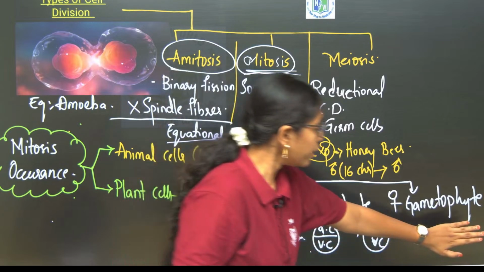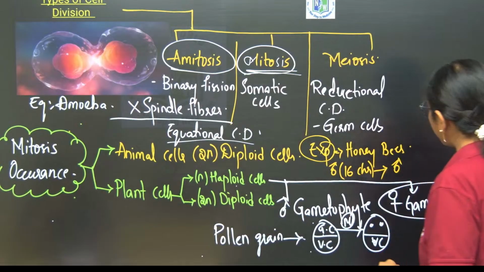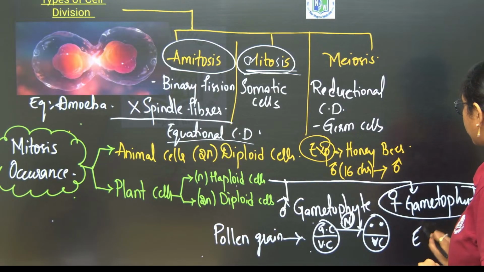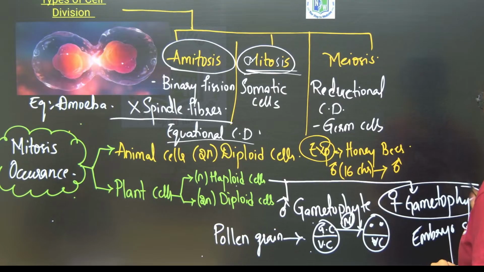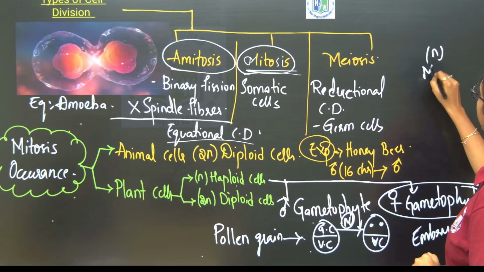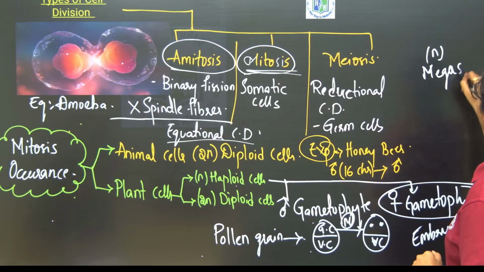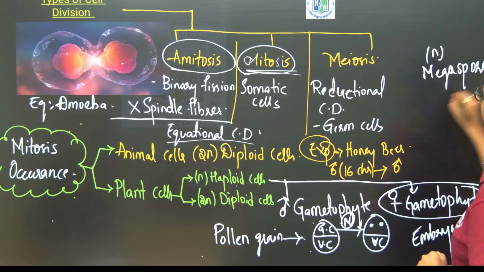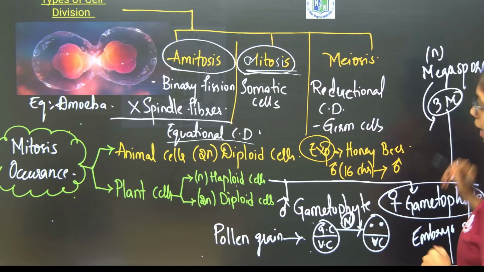And here if you see, for the formation of female gametophyte, that is embryo sac, haploid megaspore is there, right? Haploid megaspore undergoes 3 sequential mitotic divisions to form this embryo sac.